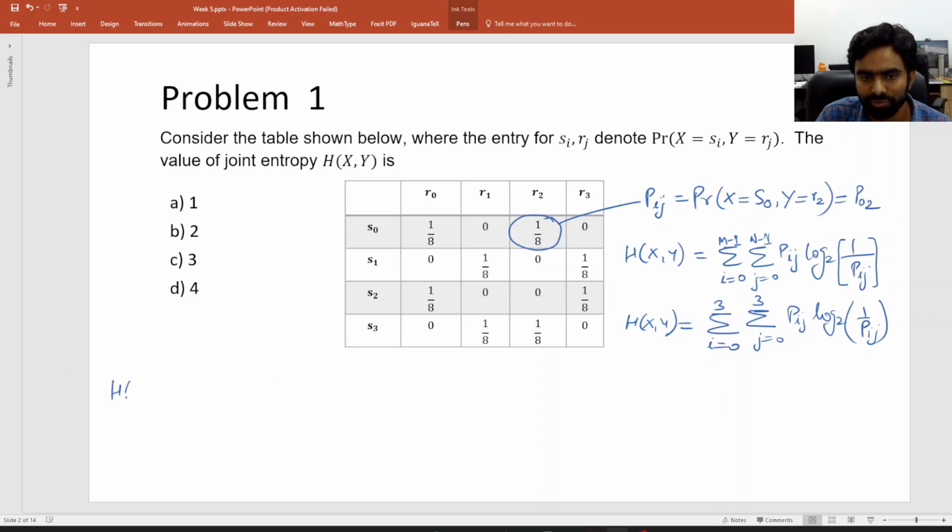I'm writing here H of X comma Y equals, first for the 0 0 symbol, the probability is 1 by 8. I will write 1 by 8 log base 2 of 1 upon 1 by 8, plus the second symbol, where i will be 0 and j will vary.